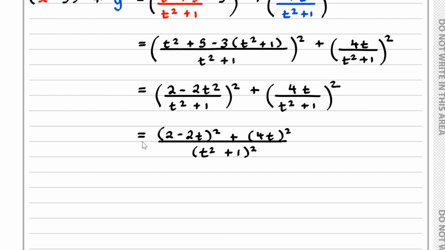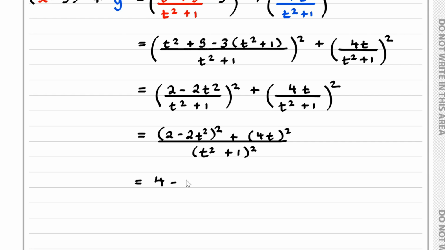And if we expand and simplify, what we end up with is 4 minus 8t. Just realised that was a mistake. It should be 2 minus 2t squared, squared.